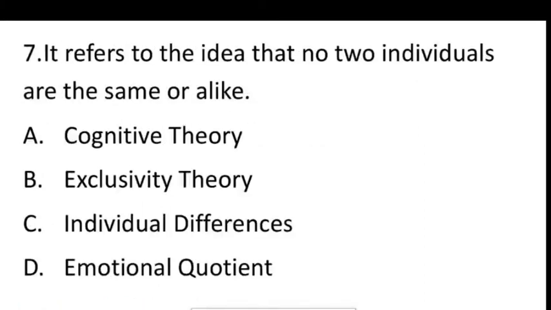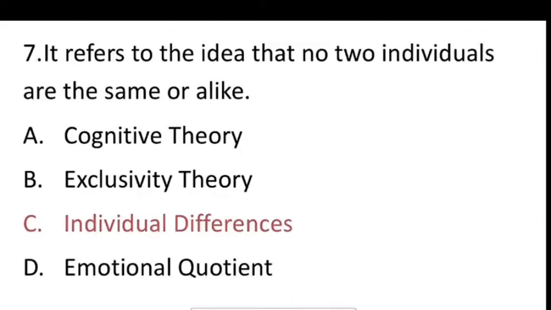The next one, number 7. It refers to the idea that no two individuals are the same or alike. Is this your cognitive theory, exclusivity theory, individual differences, or emotional quotient? Okay, this is very easy. The correct answer here would be individual differences.